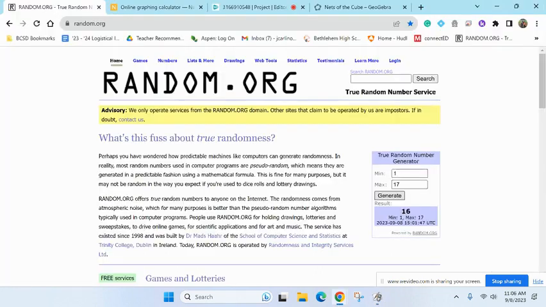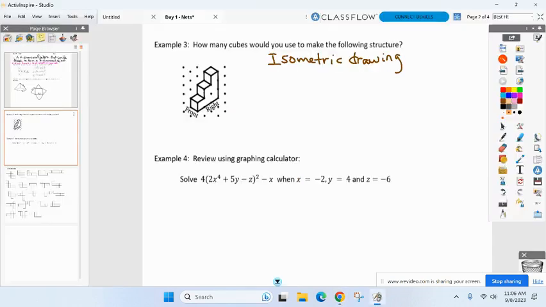All right, let's see what you got. Doyle: Six cubes. Good work, everyone. Six cubes.